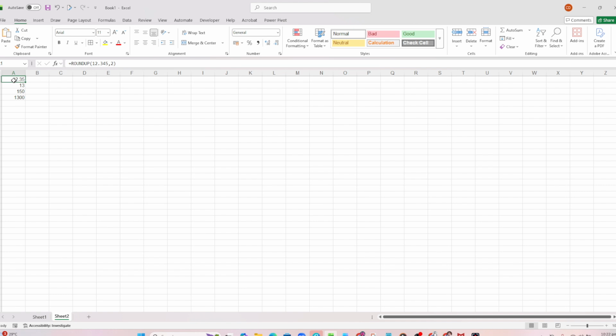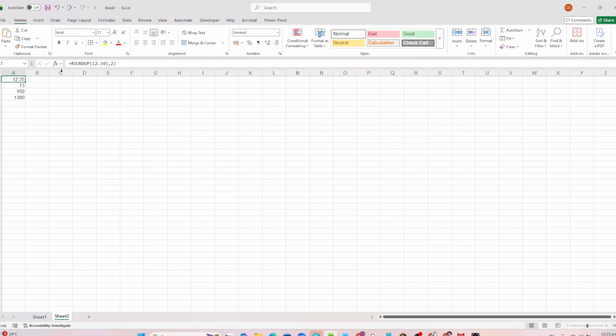The function we're using is called ROUNDUP, and its syntax is simple: equals ROUNDUP, then an open parenthesis, the number, a comma, the number of digits, and a closing parenthesis. Written out, that's ROUNDUP(number, num_digits). The two arguments are straightforward.